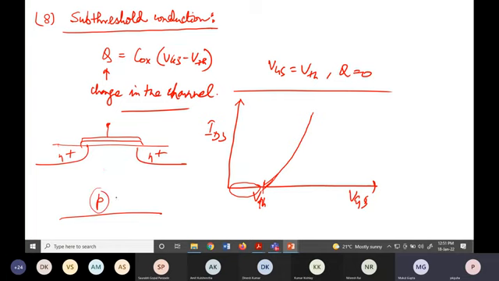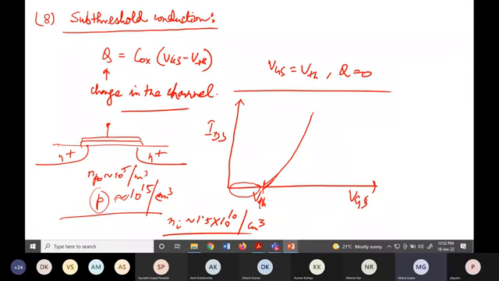If the doping concentration is 10 to the power 15, and ni for silicon is 1.5 into 10 to the power 10 at room temperature, then the minority carrier concentration is of the order of 10 to the power 5. So the channel is not there, but the minority carrier is there.